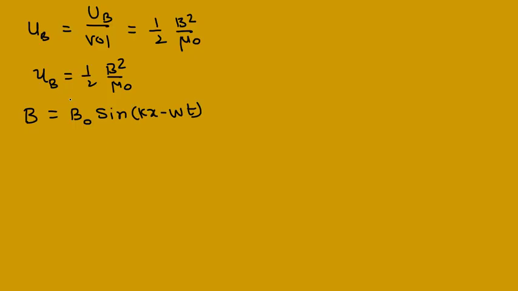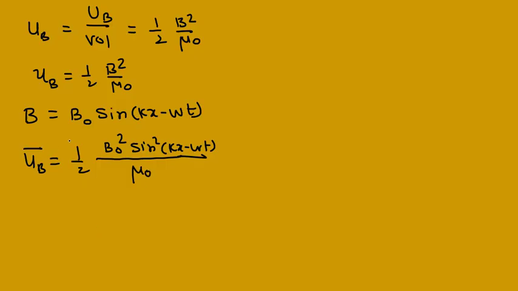Therefore, what we should be interested in is finding the average value over a cycle. To do that, we write UB is equal to half, and I'll substitute the value of B over here, so I will get B naught squared sine squared of kx minus omega t divided by mu naught.